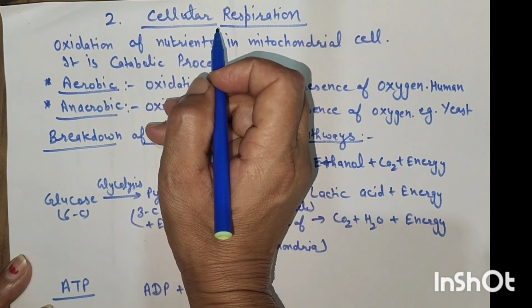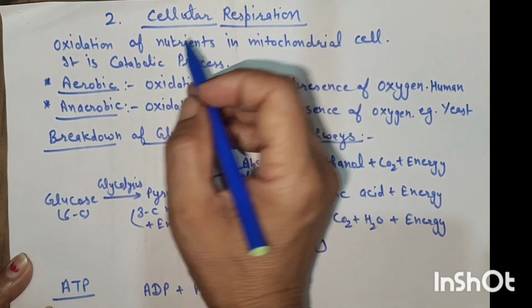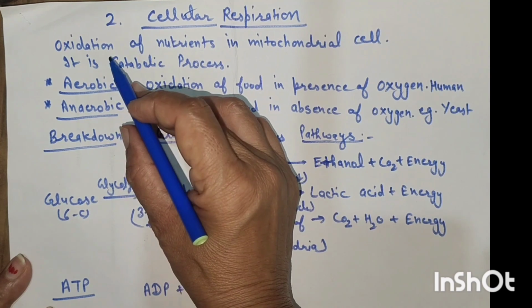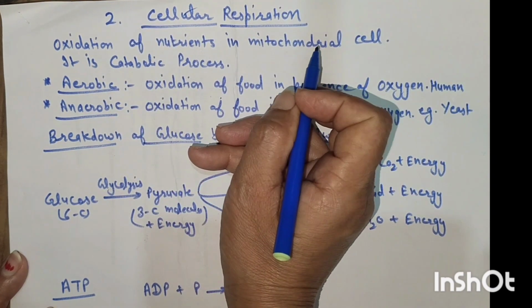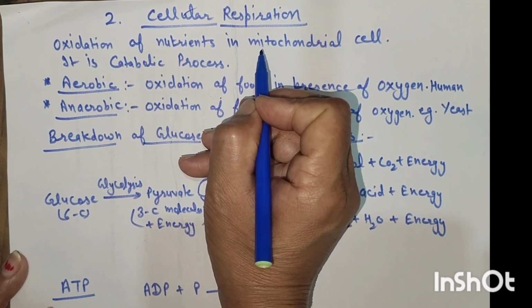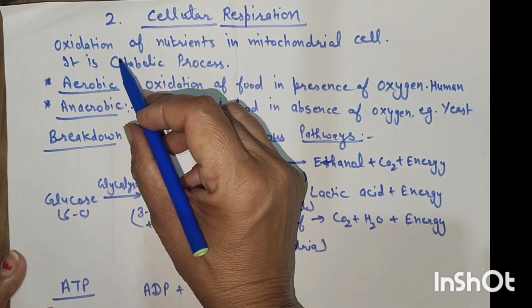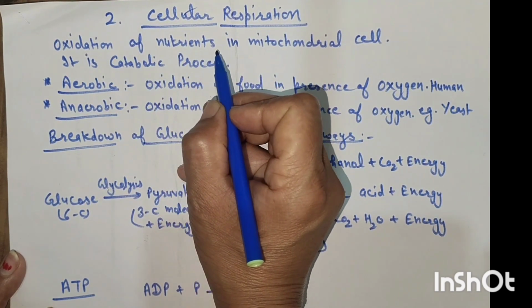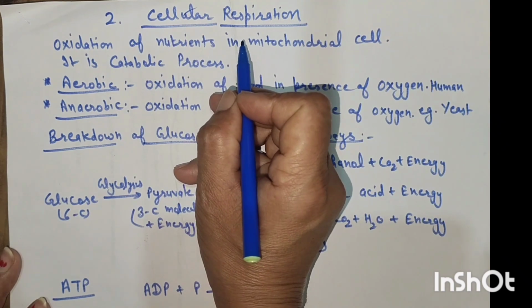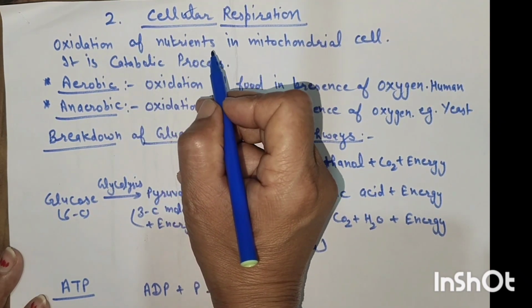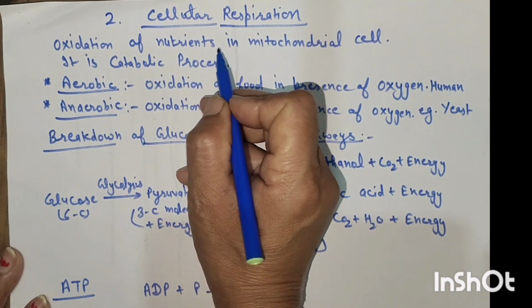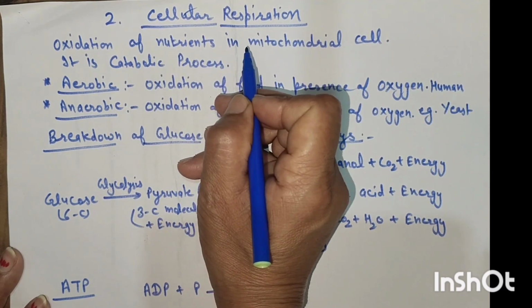Second step is cellular respiration. That is oxidation of the nutrients in the mitochondria of the cell. Respiration takes place in the mitochondria. By the oxidation of the nutrients, these nutrients release energy.